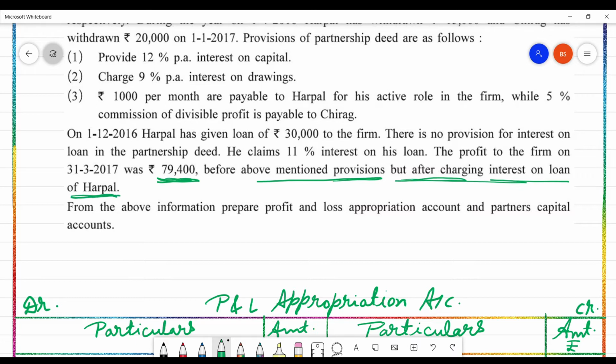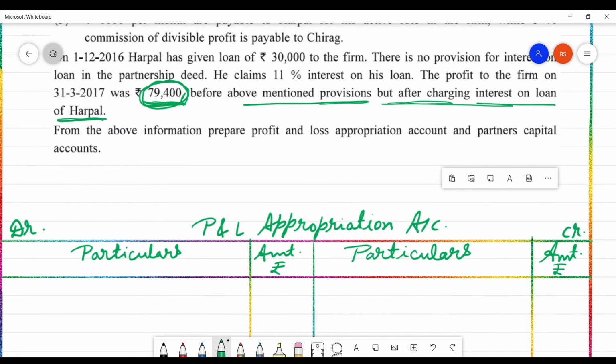So we will not take interest on loan, because here the profit is given, in which the interest on loan is already accounted for. So we will write this net profit on the credit side of the P&L appropriation account.